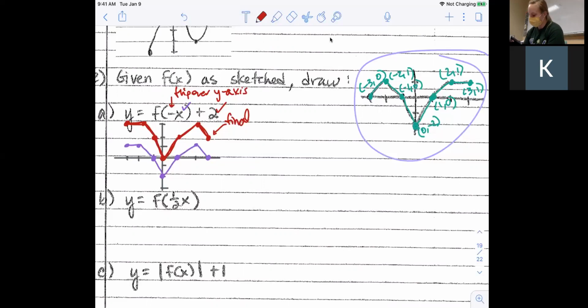All right, so we reflected it over the y-axis, and then we added 2 to all my y's. And that's it. That red one that I graphed is the final graph. We okay with that?